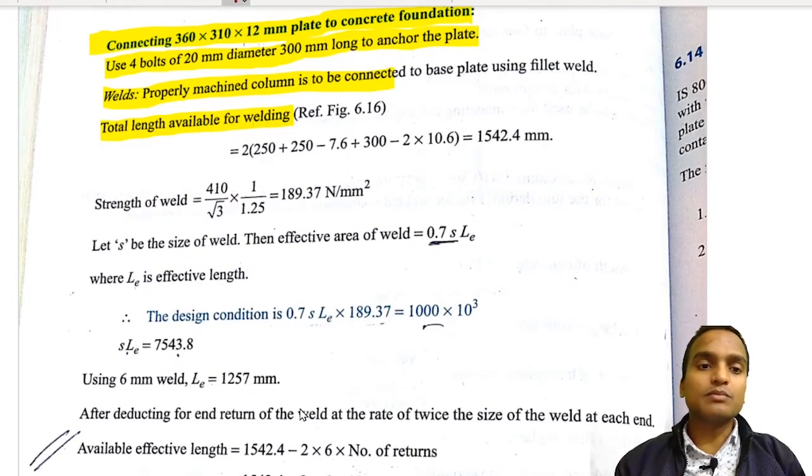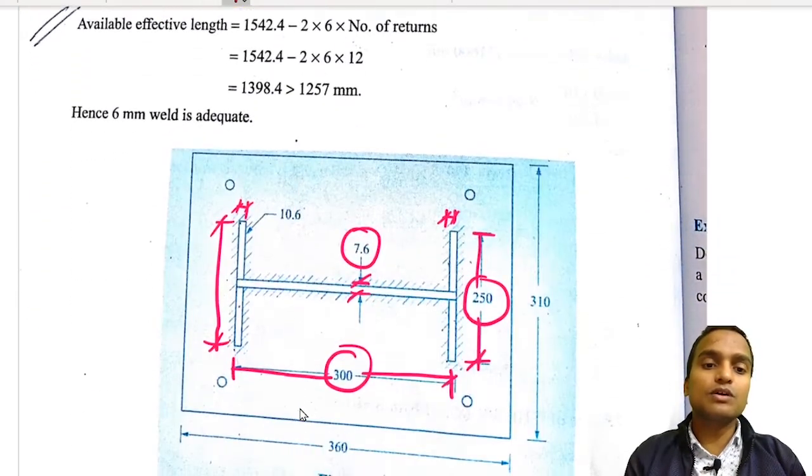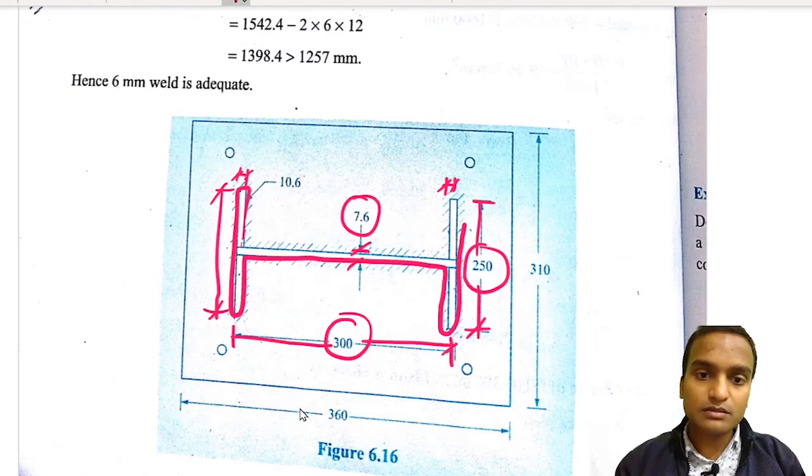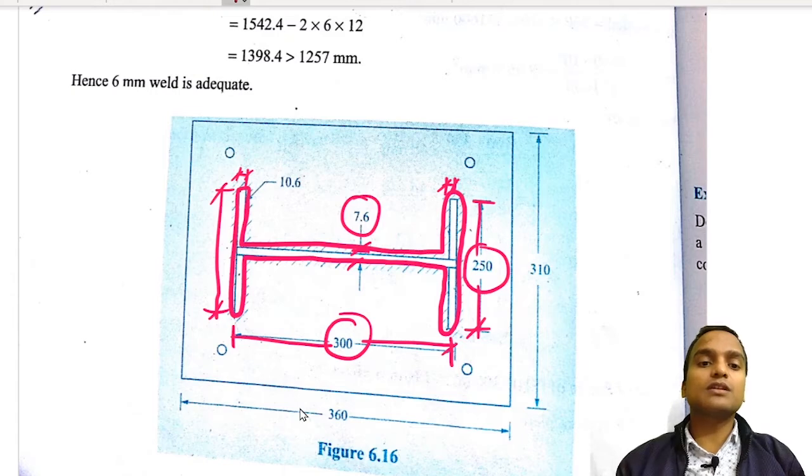So that's why we have written here total length available for welding is 2 into, because we are going to do the welding twice. You see this welding being done here, along this, and then this, and this. So this much length now we have to calculate.